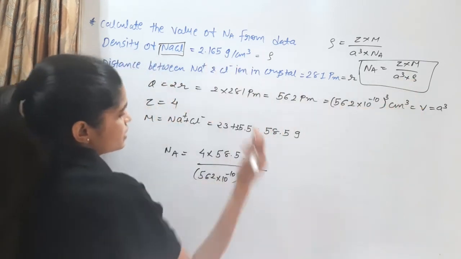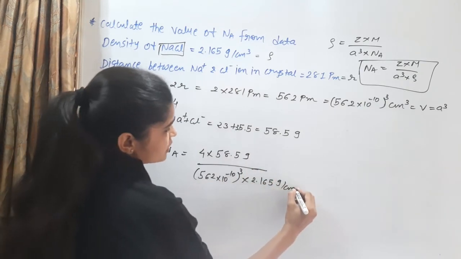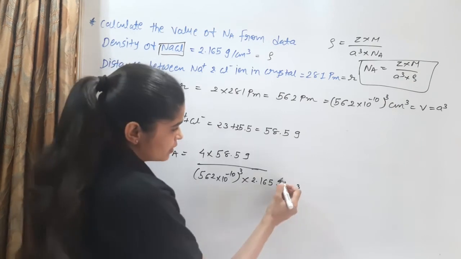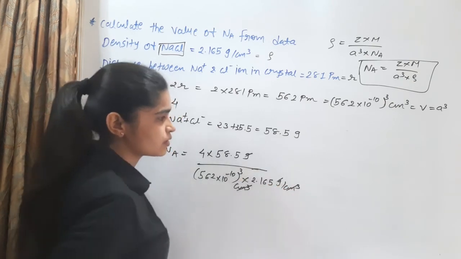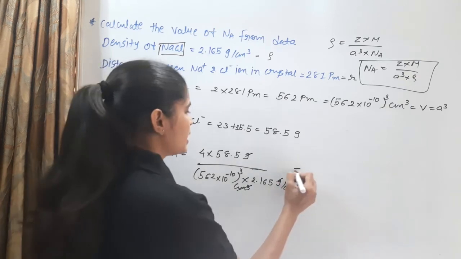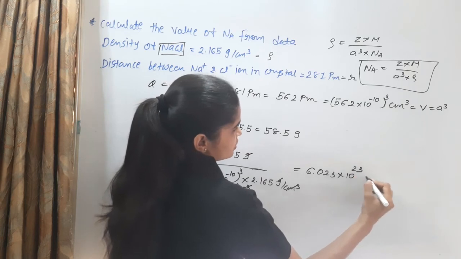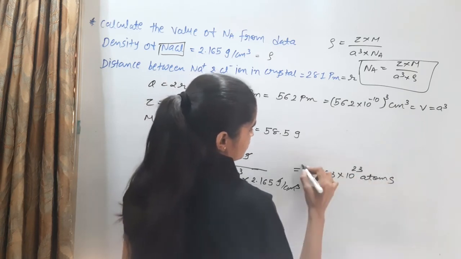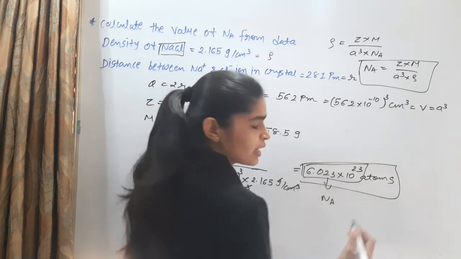And the rho value given is 2.165 gram per centimeter cube. Gram cancels and centimeter cube also cancels out. And it gives the number 6.23 into 10 raised to 23 atoms. And this value is the Avogadro number Na.